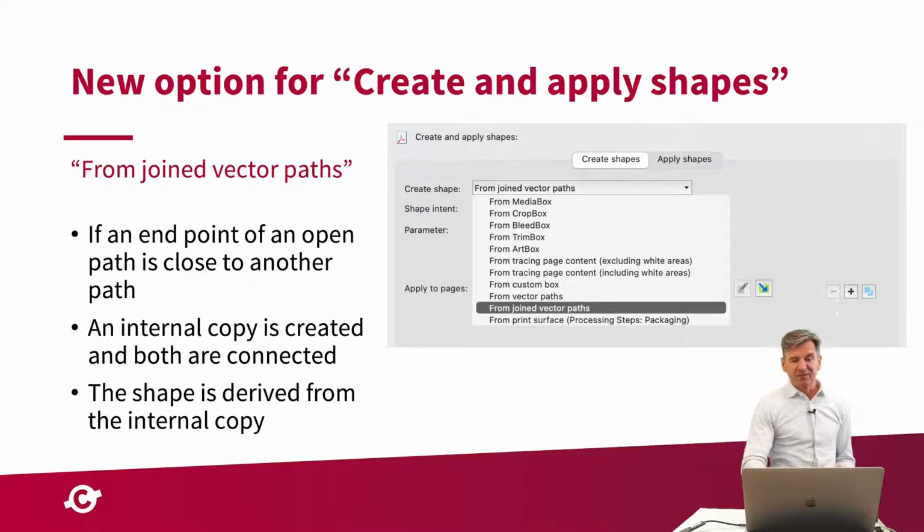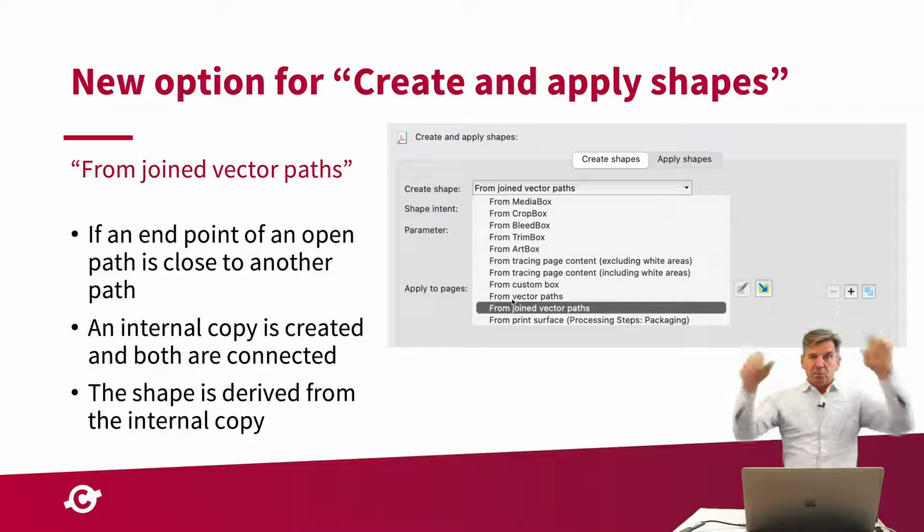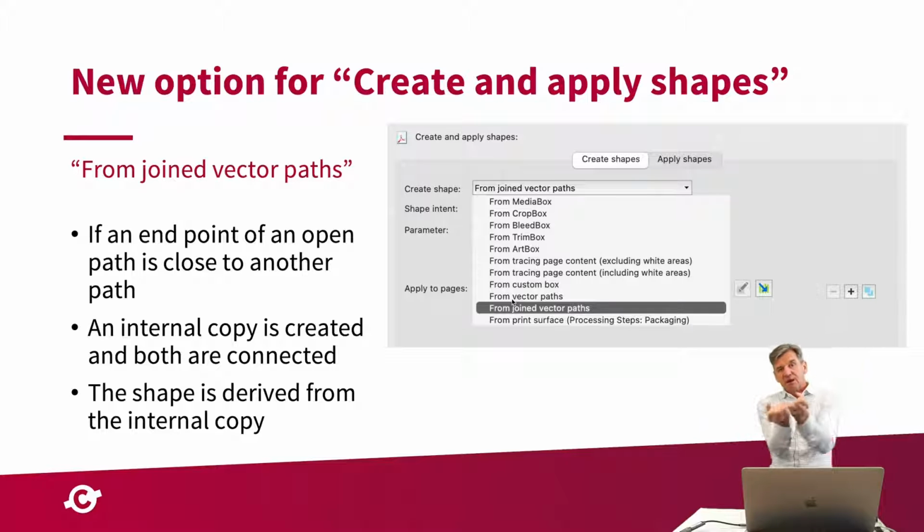And what that does is, if it finds an open path that is close to another path, it will connect to that path. So what it does with from vector paths, it will use the same path object and just close it. In this case, it will not close the same vector path, it will try to connect it to another vector path that is closed.